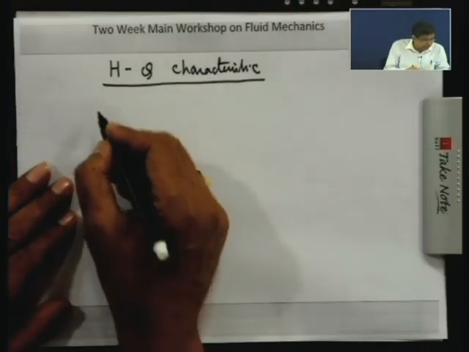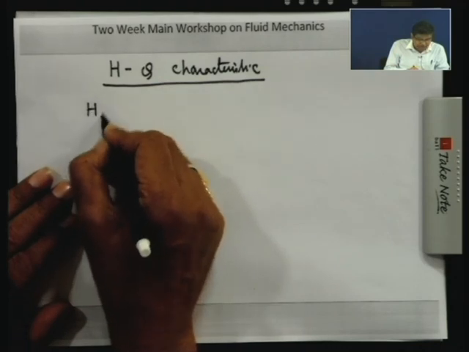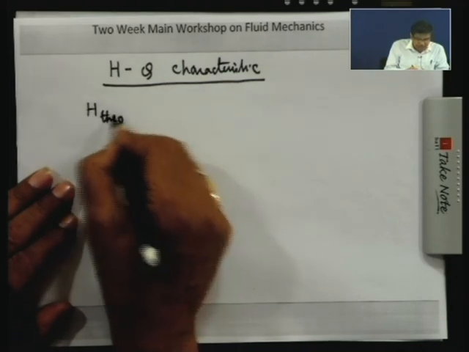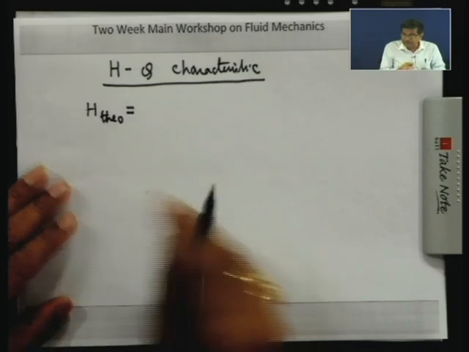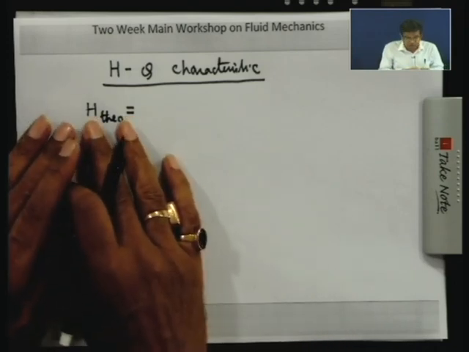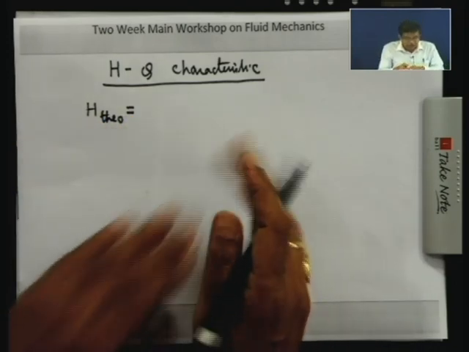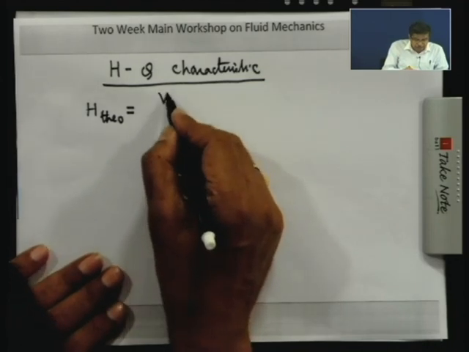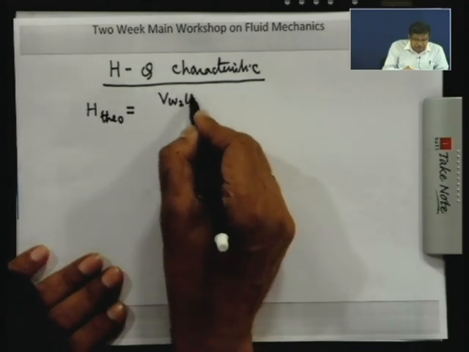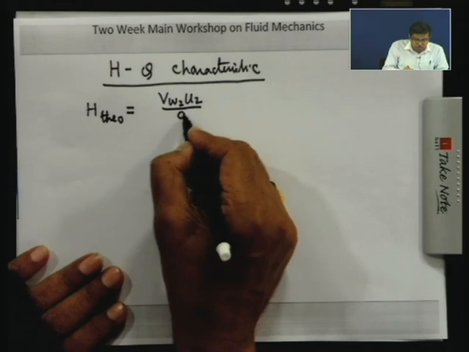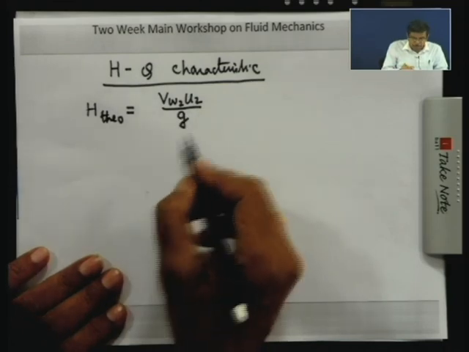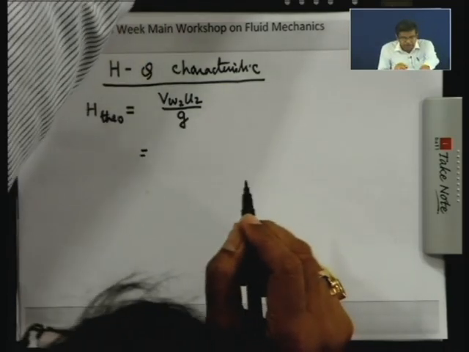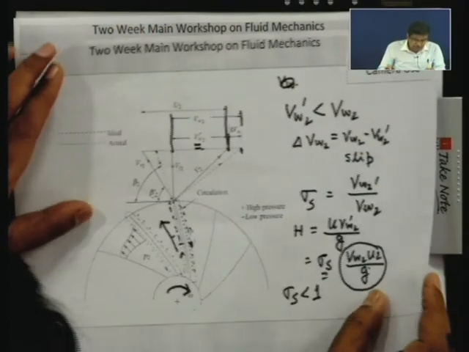Now, first of all, let me write the theoretical head, that is the work head, which I denoted as the work head. The head, that means the work energy per unit weight given by the rotor to the liquid, is known as VW2 U2 by g. Now, let us do some small trigonometry.